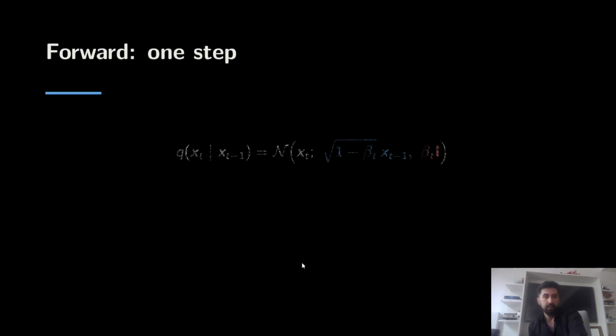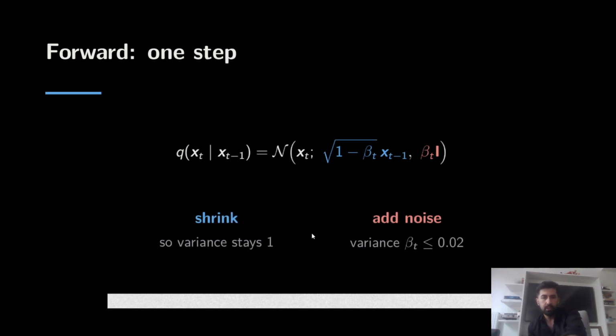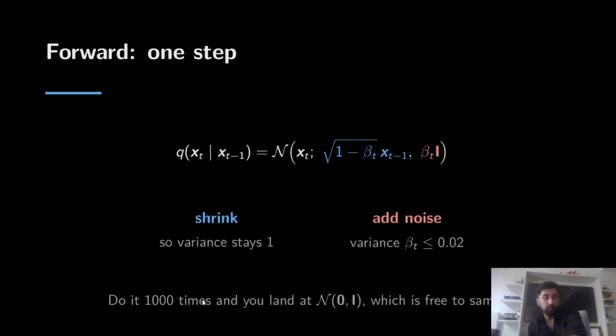So that's it. At each step, we take an image, we shrink it by radical 1 minus beta, which is around 0.98, and we add a small noise of around 0.02. If we do it 1000 times, we'll land at N(0,1).